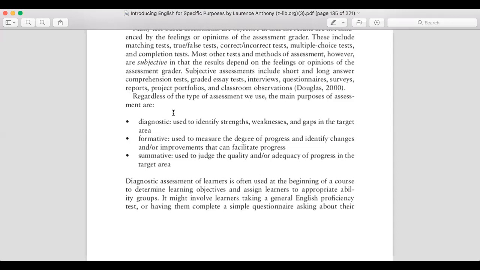Diagnostic assessment is conducted before the students' intake, and formative assessment is done during the process of teaching and learning. In formative assessment, we measure the degree of progress, improvement, or otherwise.